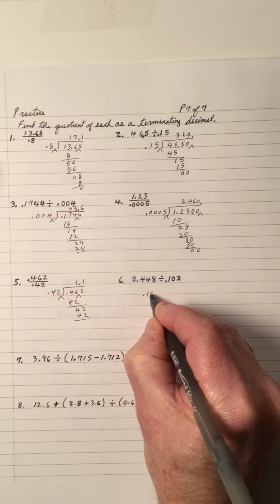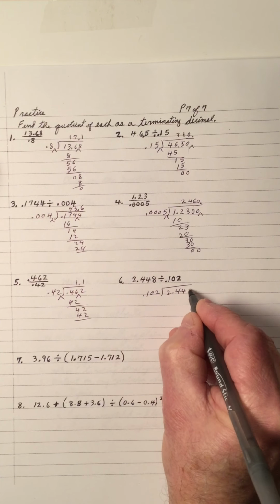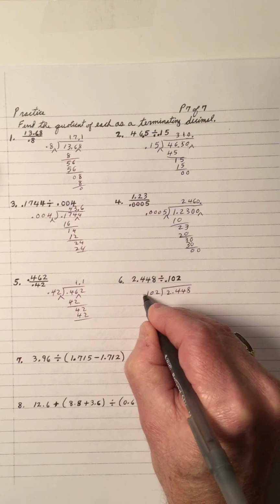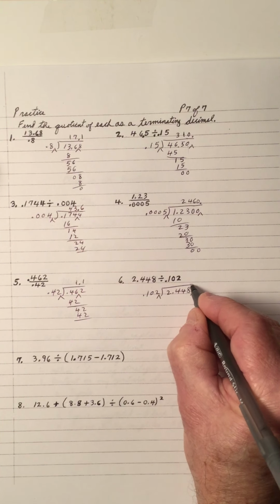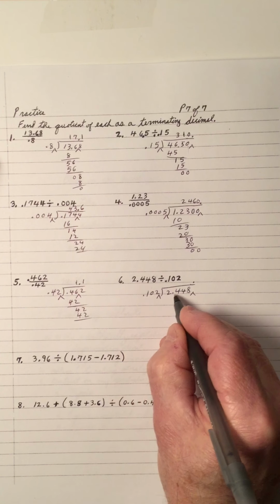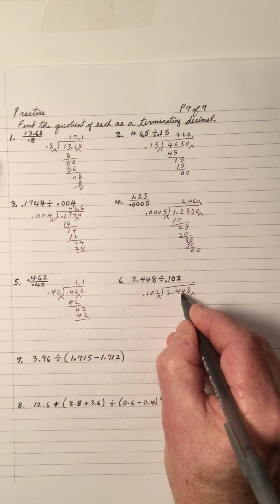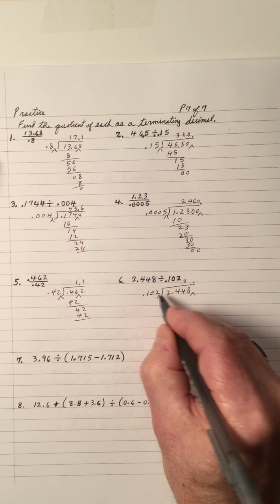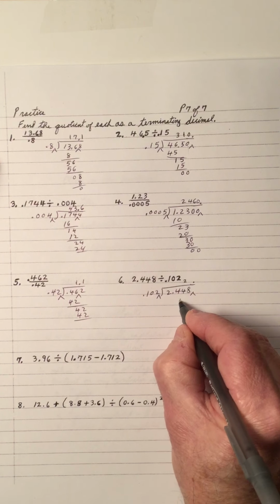And decimal 102 into 2 decimal 448. Move my decimal 3 places in my dividend. Move it up. 102 into 2, nope. 24, nope. 240, about 2 times, because you can see 100 into 2 is 2. So that's 2 times 2 is 4.